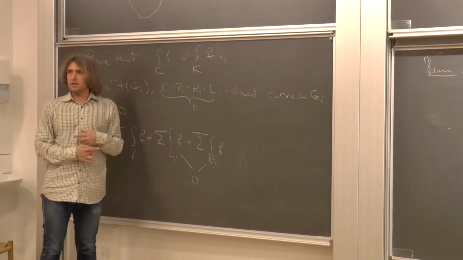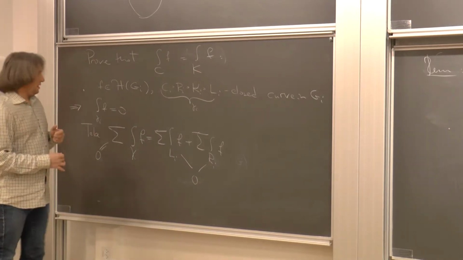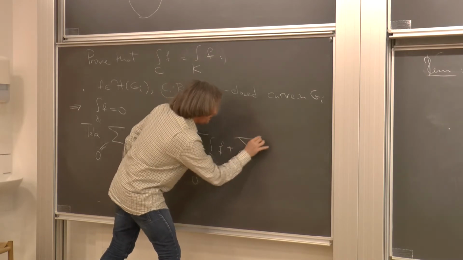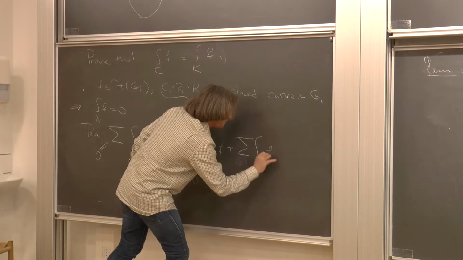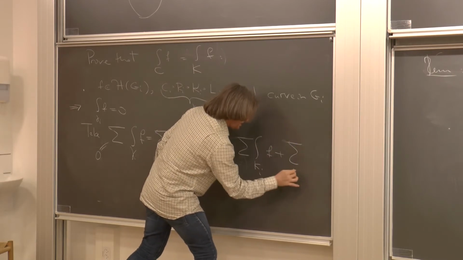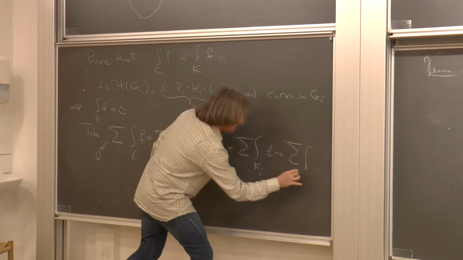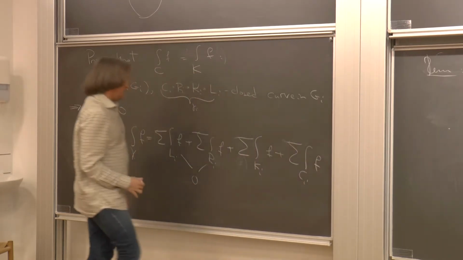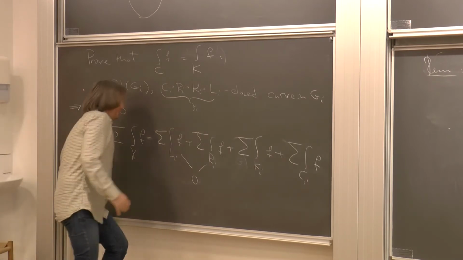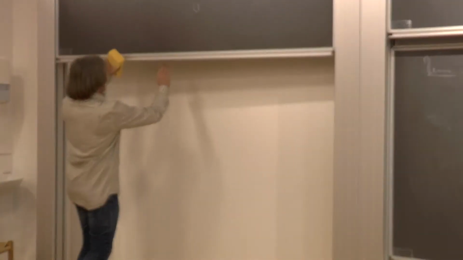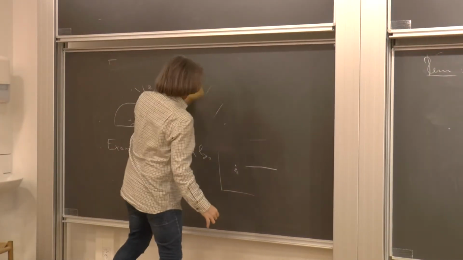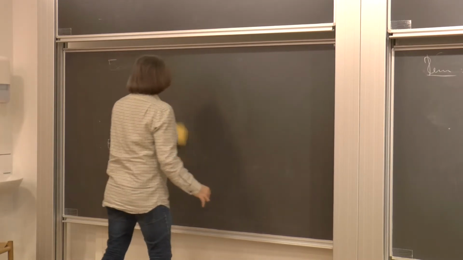They are oriented in the other direction. And then plus the sum of integrals over Ki of f and plus the sum of integrals over Ci of f. So 0 is, so we get that.